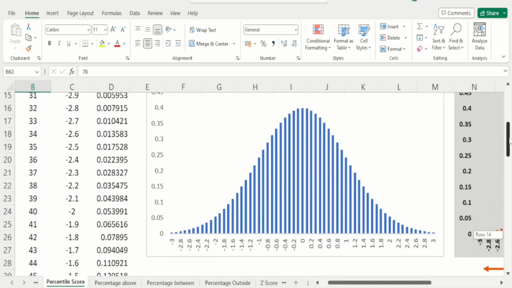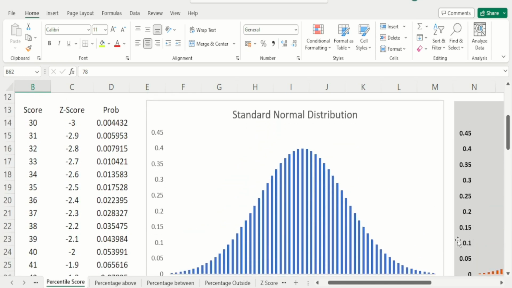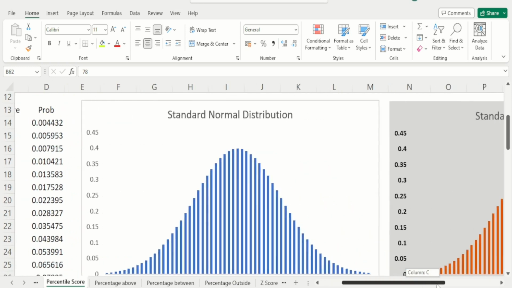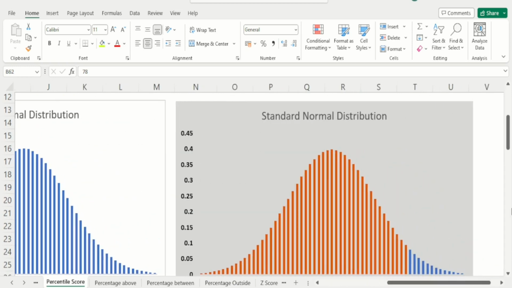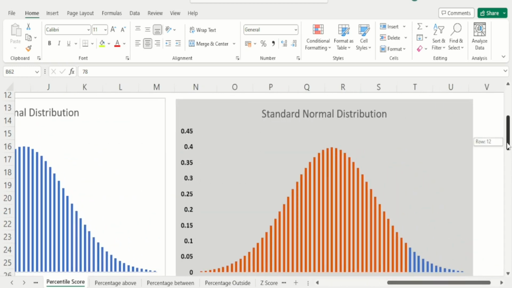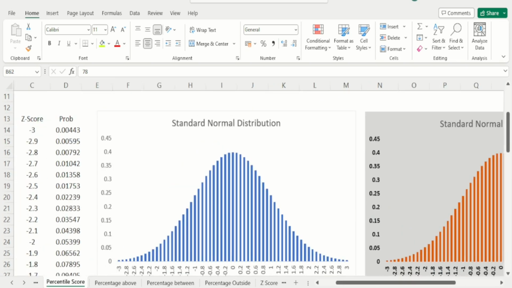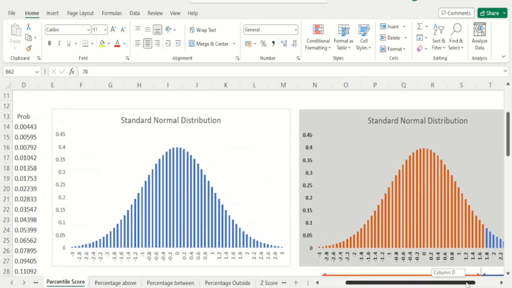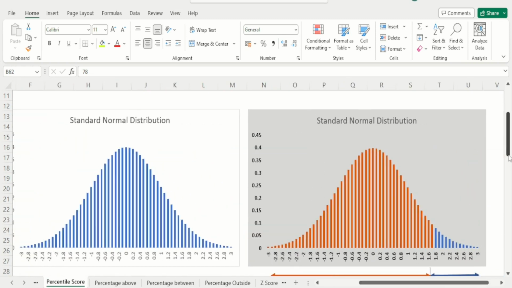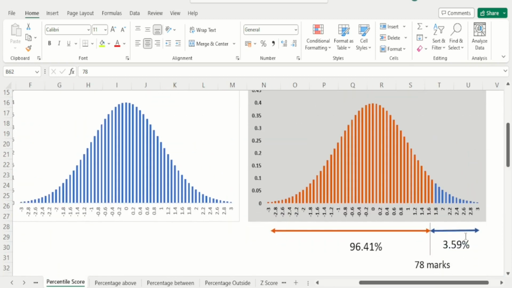So going back to our normal distribution graph here, if we were to plot 78 marks, now remember 78 marks corresponds to 1.8, or plus 1.8 standard deviations. If you were to look at it on our graph, the 78 marks, or the 1.8, will lie somewhere here.